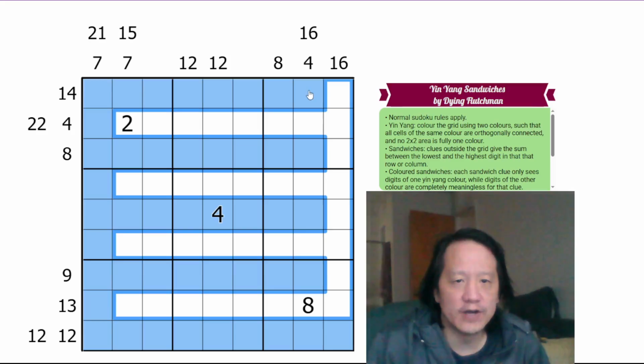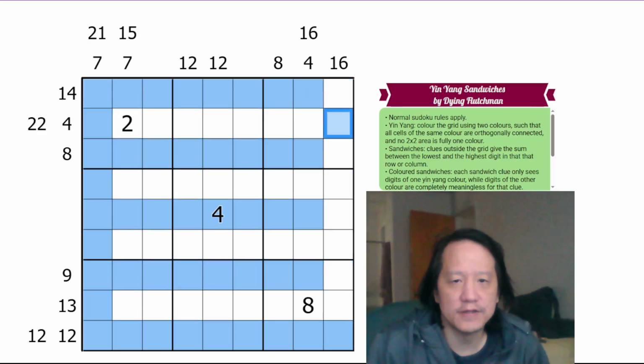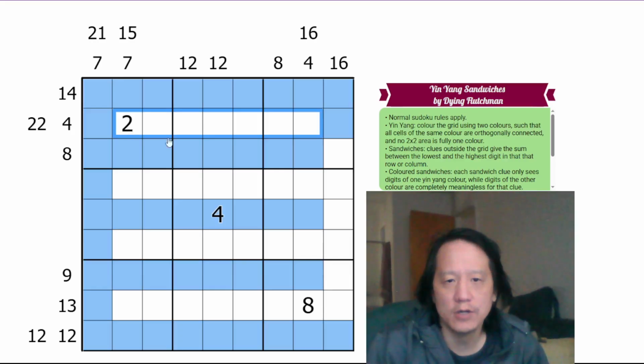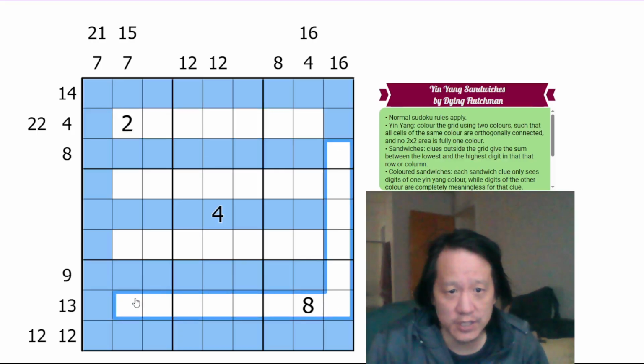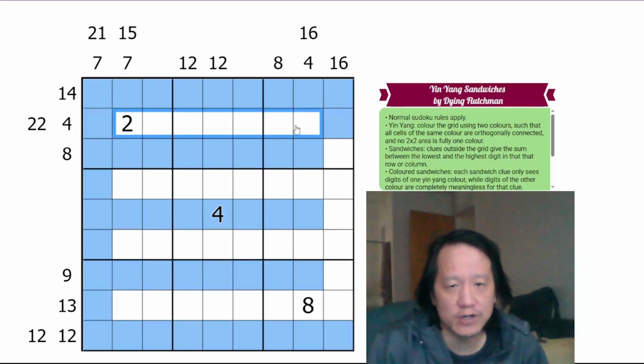What would not be valid is something like this, because even if we try to connect this cell this way, that doesn't work, because the white region here cannot get to any other cell in this part of the white region just by going through edges while staying within the region.